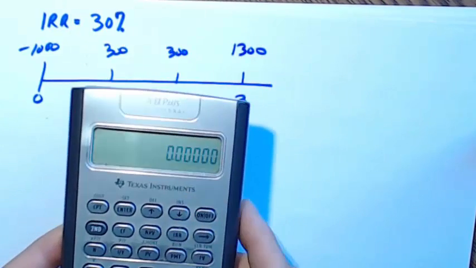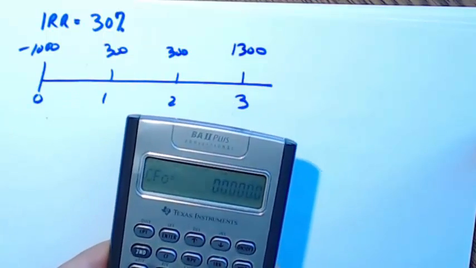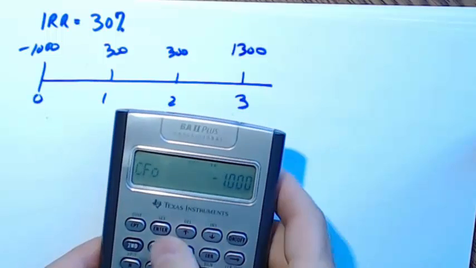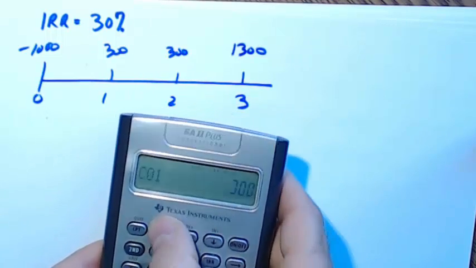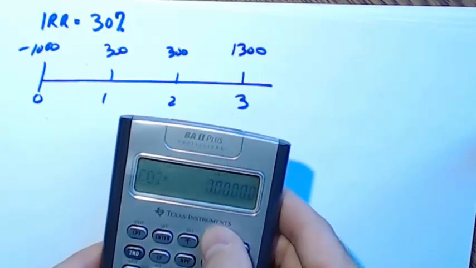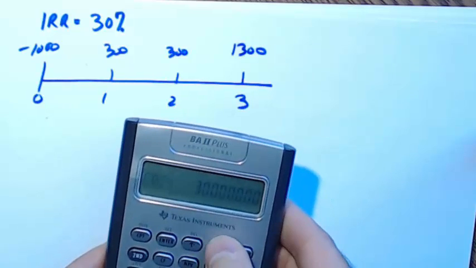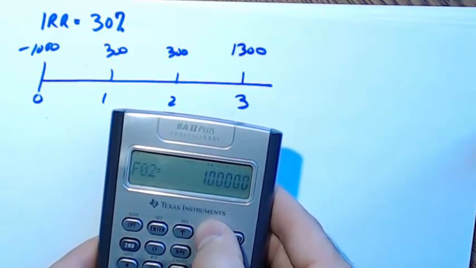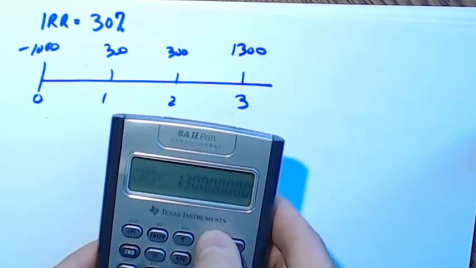Okay, the internal rate of return. So go back to your calculator, hit the cash flow button. Hit in 1,000, hit the plus/minus sign, enter, down, 300, enter, down, skip the frequency, 300, enter, down, down, last cash flow 1,300, enter, down.